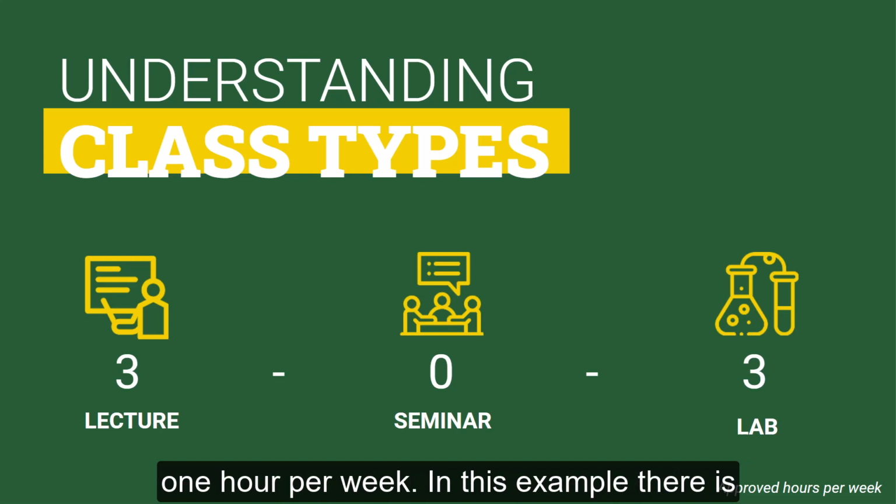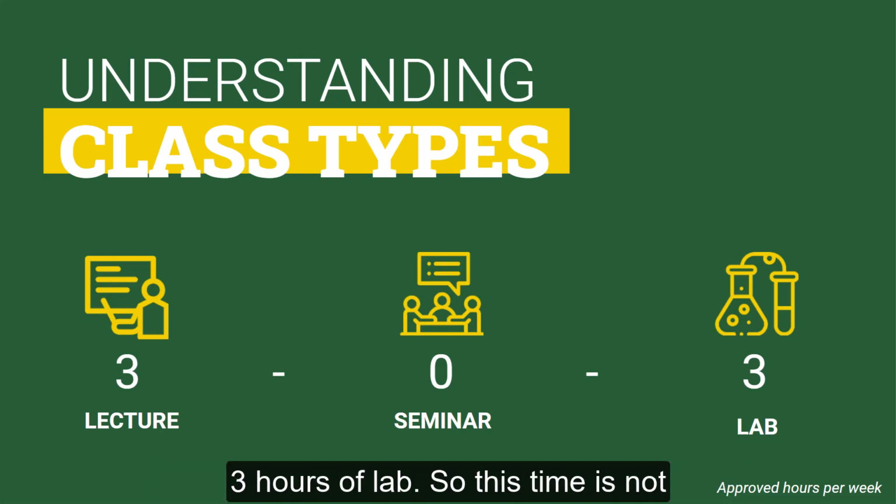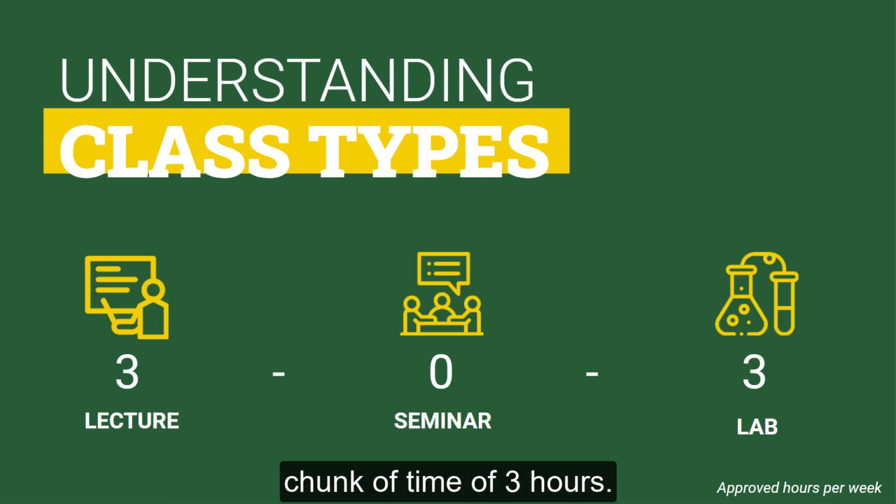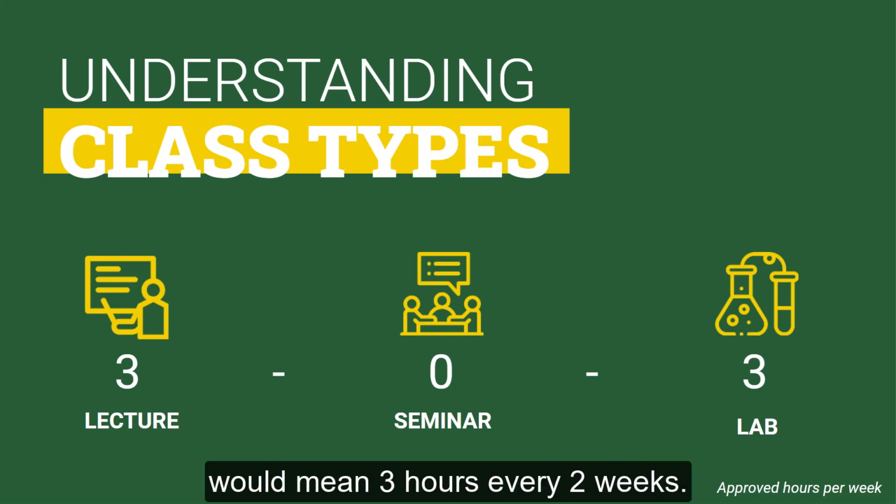In this example, there is 3 hours of lab. So this time is not split up on different days. It is typically one chunk of time of 3 hours. You may also see 3/2. That would mean 3 lab hours every 2 weeks.